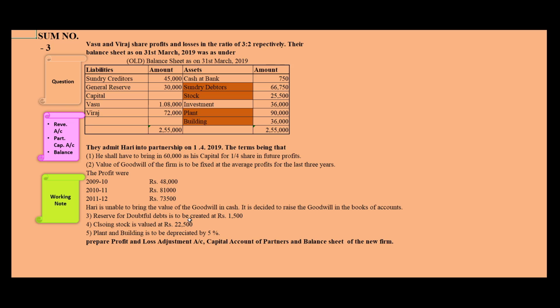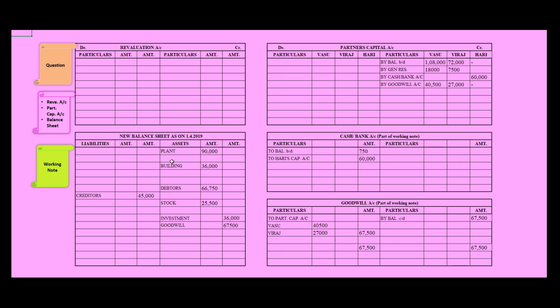Next, reserve for doubtful debt is to be created at rupees 1,500. So this is RDD. Here is debtor. Always RDD is deducted. How much? 1,500 is equal to 65,250. Right? So this RDD is lost because debtor देखो reduced हो गया है.